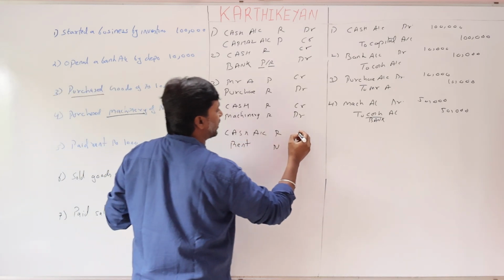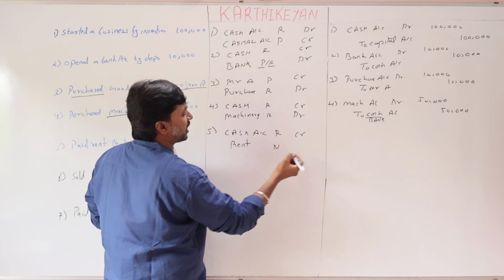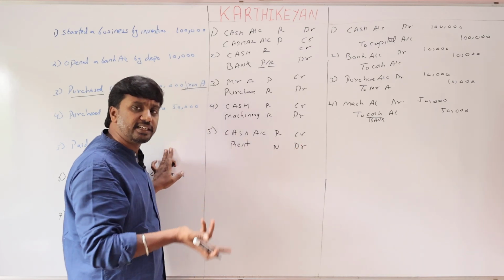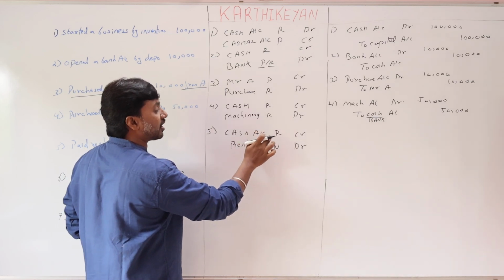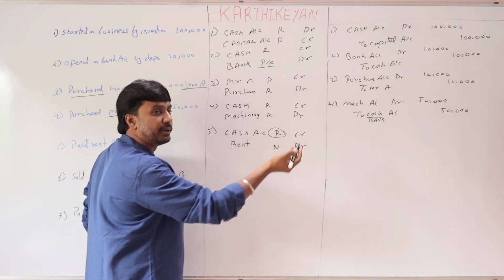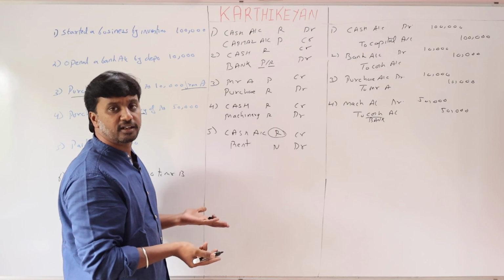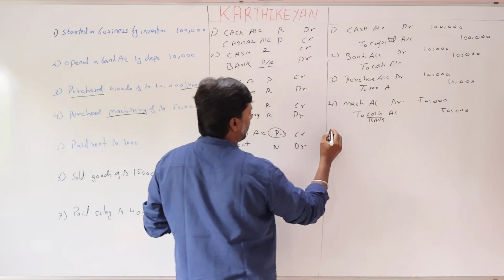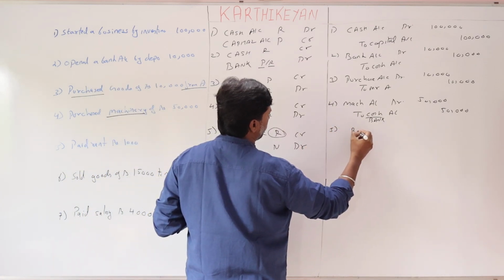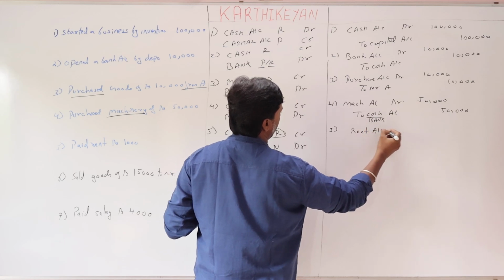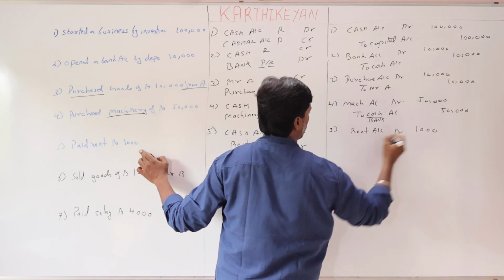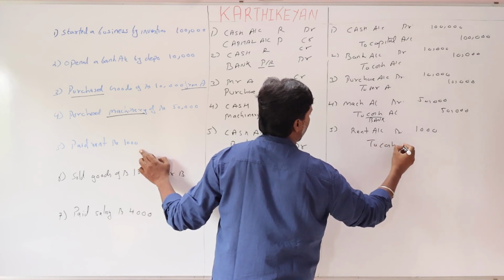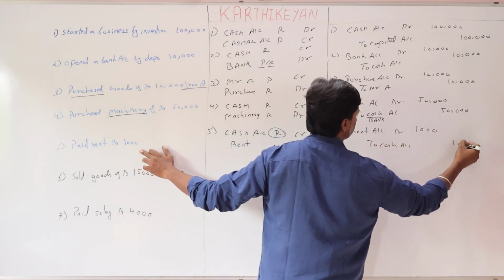So cash will be credit. Obviously the other account will become debit. Getting this point? This is also a shortcut for you. If you are clear with which account is real, one account will be debit or credit, and the opposite will have the other effect, right? So here, entry number 5, rent account debited 1,000 to cash account 1,000.